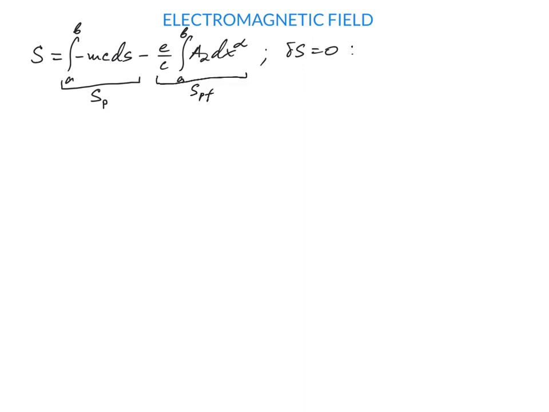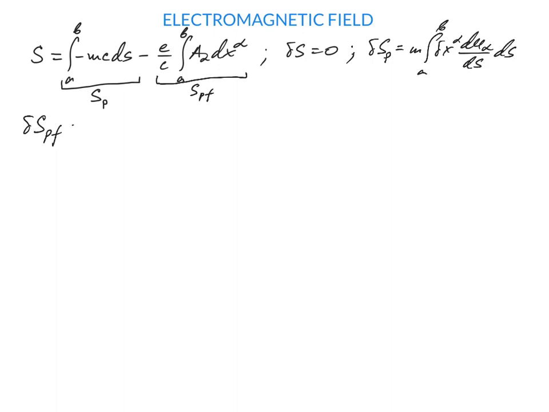We know that delta S_p is equal to m integral delta x^alpha du_alpha/ds ds. So we don't need to do this again. So the new thing is the second term. So we need to vary S_pf.